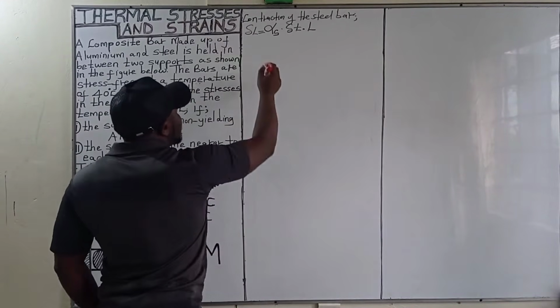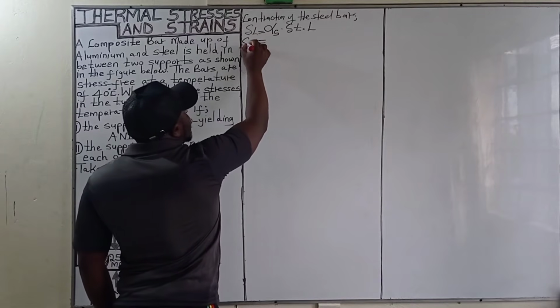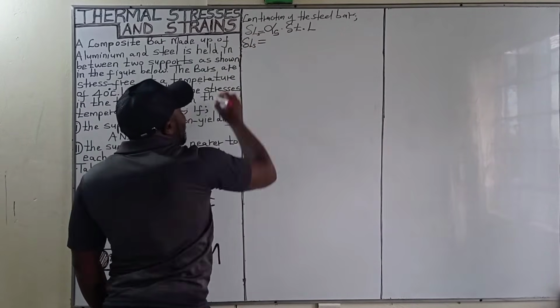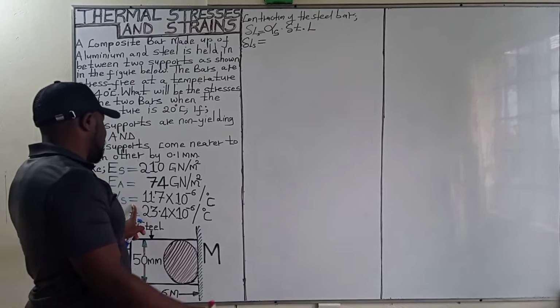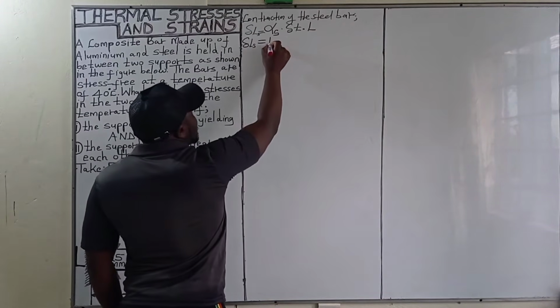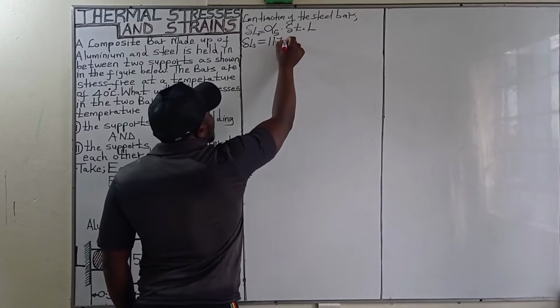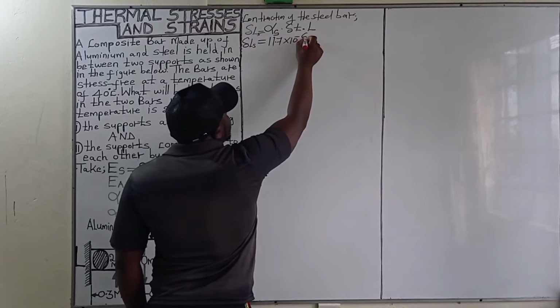This is going to give us the change in length of the steel bar being equal to the coefficient of linear expansion of the steel bar, which is 11.7 times 10 raised to the power of negative 6.